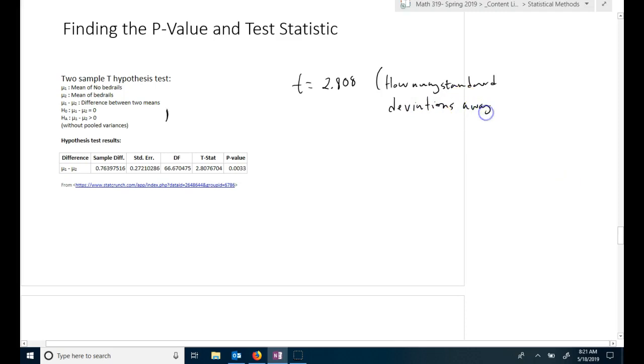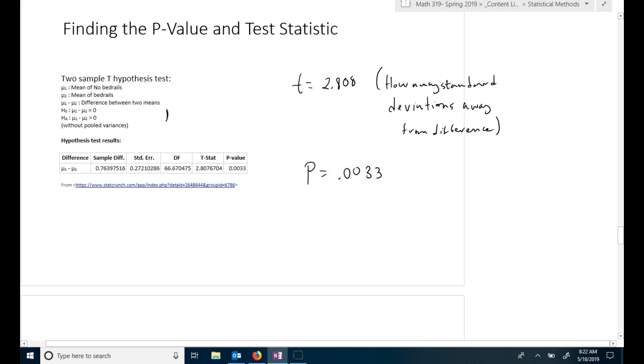So we're going to look at this in just a second. The bigger t is, the more likely it is that we're going to reject the null hypothesis. And what we're given here is a p-value, and this p is equal to 0.0033, okay?